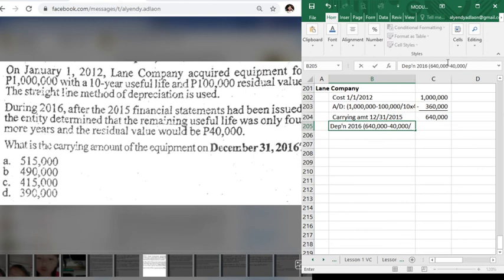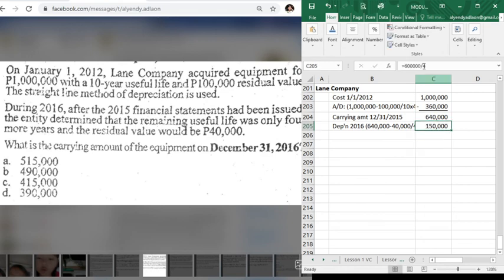In this case, class, we no longer start counting the 4 years from 2012. What the problem says is 4 more years, so the remaining is 4 years. Instead of using the old useful life, where 6 years would have remained, according to the problem the remaining useful life was changed to 4 more years. So, in that case, we have 600,000 divided by 4.